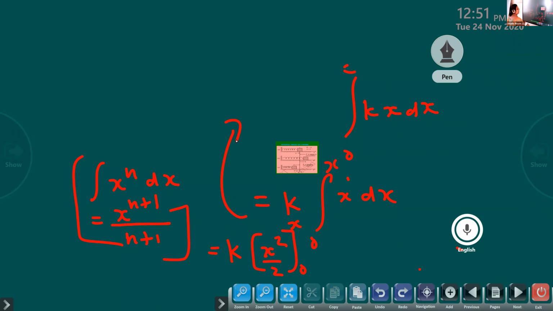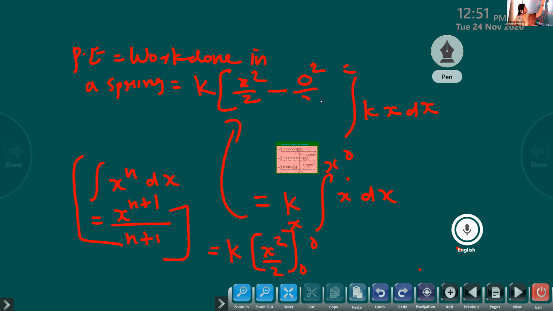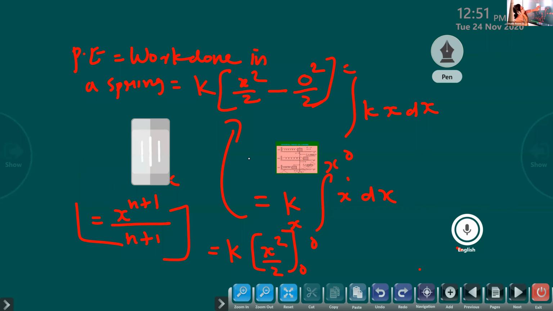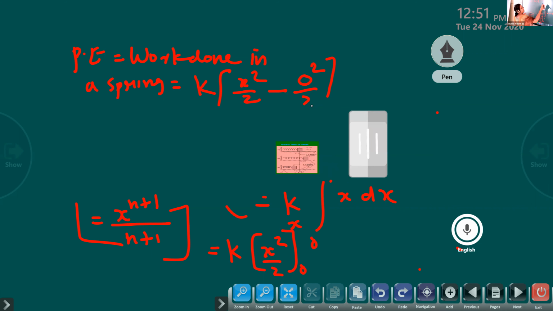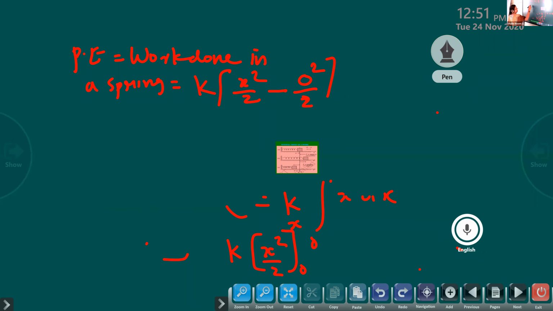So you get here the potential energy, or work done in a spring, is equal to k into the upper limit x squared by 2, minus the lower limit 0 squared by 2. And finally what you get is half kx squared.